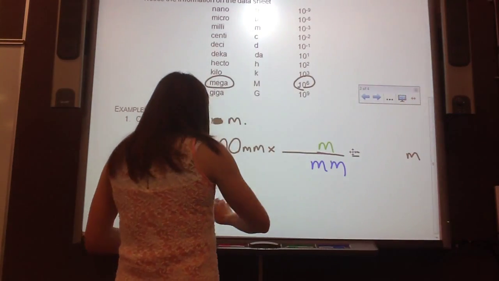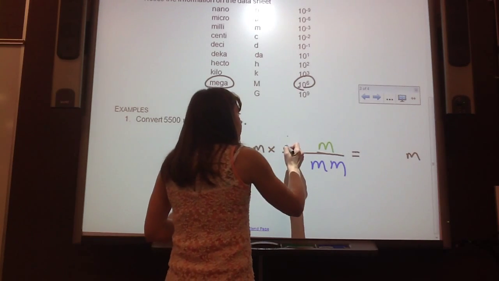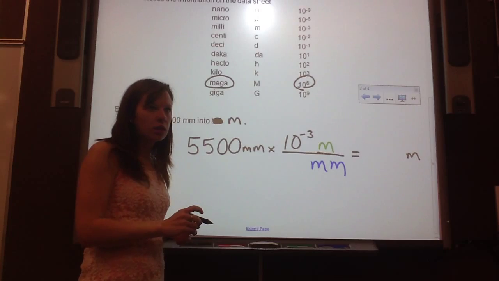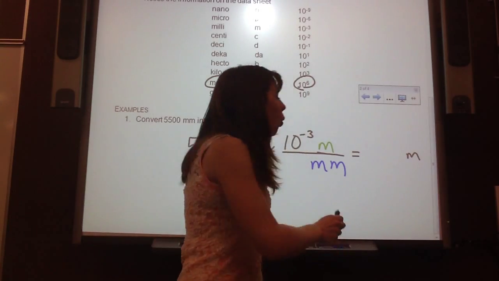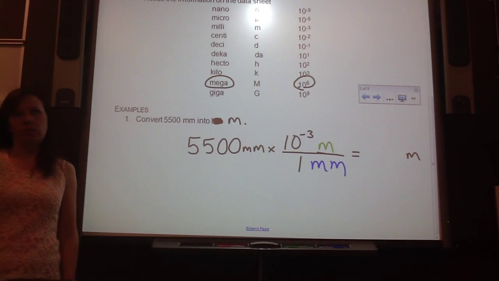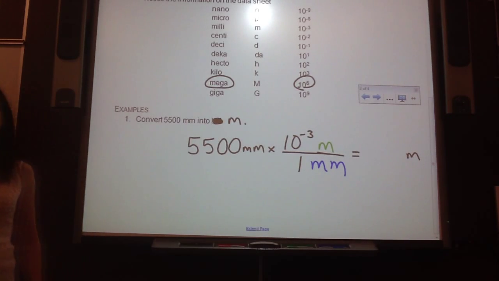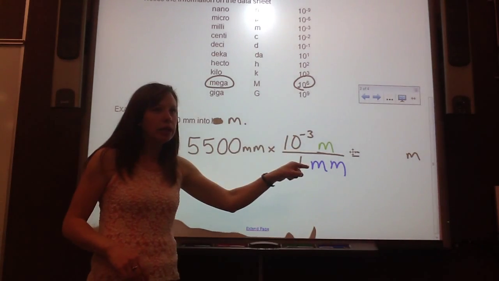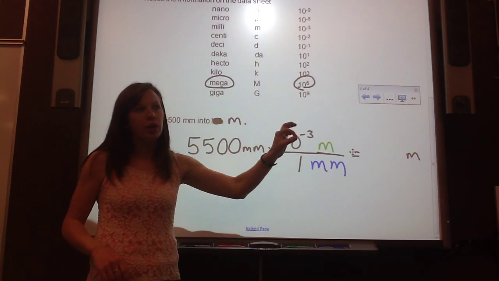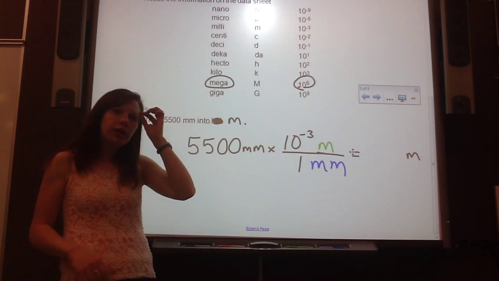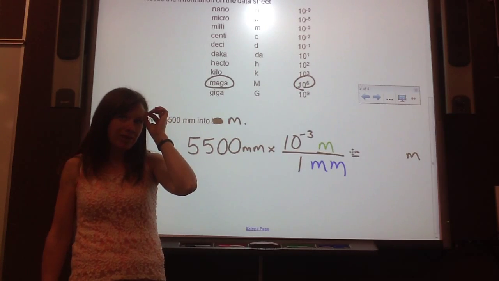So there is 10 to the power of negative 3 meters in every 1 millimeter. Now you can put that into your calculator and you will get the correct value. I know you can think in your head, well, I just divide by 1,000, right?